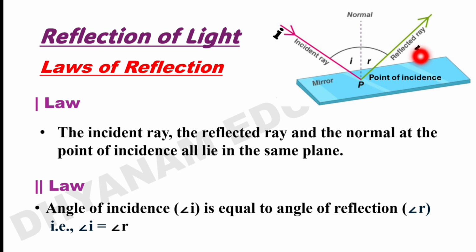This is the first law. And the second law is: the angle of incidence is equal to the angle of reflection, that is angle i equals angle r.